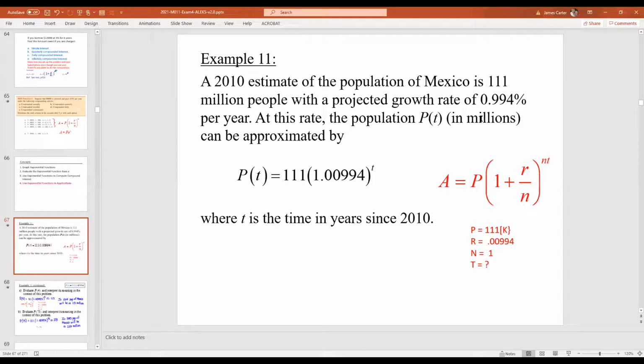At this rate, what will their population be in so many years? We're only going to calculate once a year, so in this case n is going to be 1. All of this information is fixed with the exception of the amount of time.